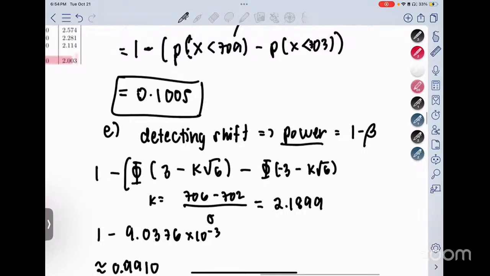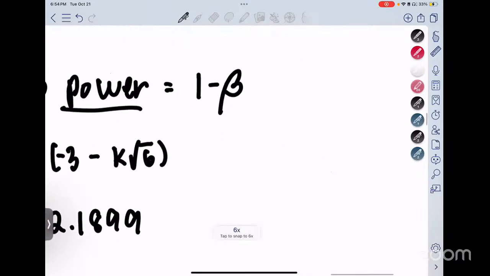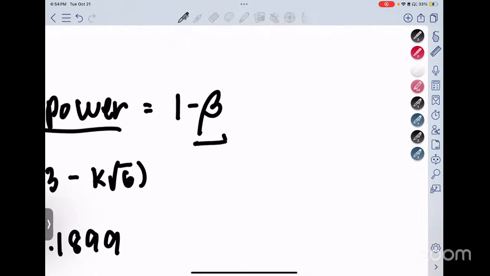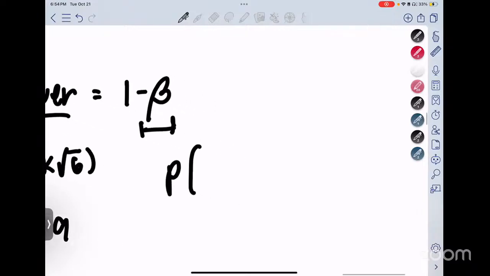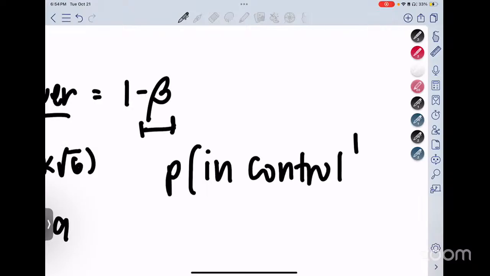So again, beta represents the probability of you thinking it is in control when it is not.